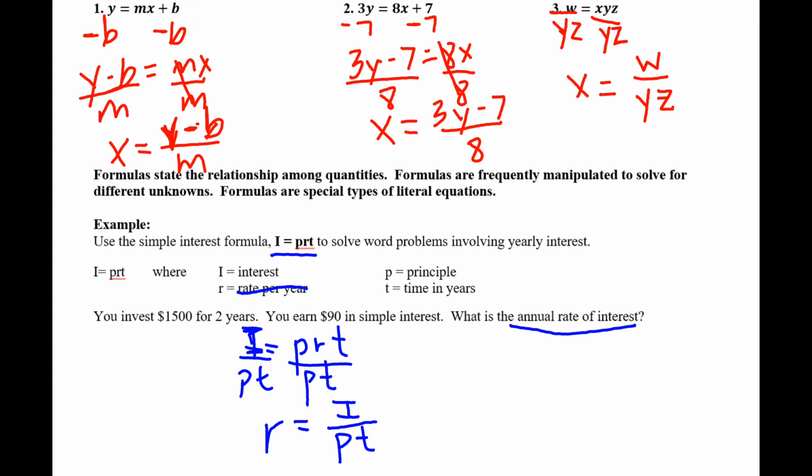Alright, so they told me my interest was 90. They told me that my principal, P, was 1,500. And they told me my time was 2. So I can find my rate of interest by doing 90 divided by 3,000.